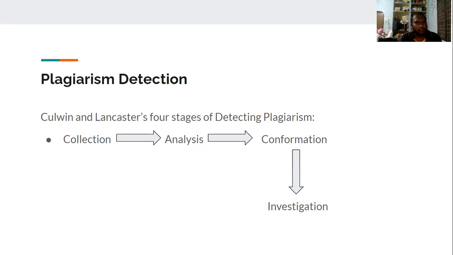Then we have to confirm it, which means confirming whether the plagiarism occurred or not. Then we have to investigate, which means why the person did the plagiarism. So these are the four steps to detecting plagiarism.